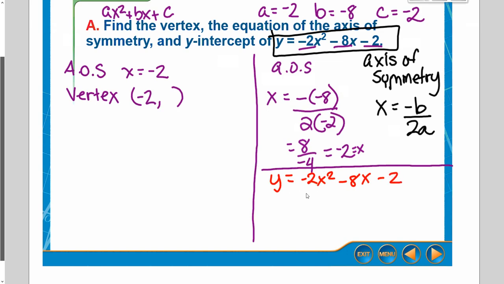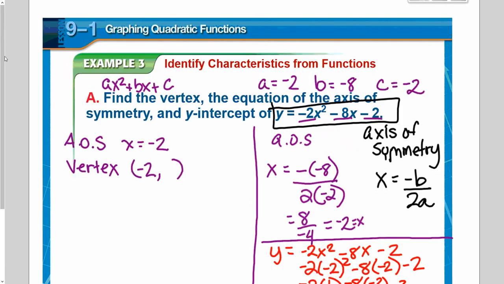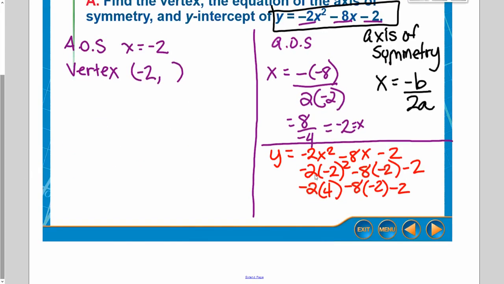I know what x is, so I'm going to plug it in. Okay, so we start with our exponents first. That's got to be +4. Okay, let's scroll down a little bit. All right, -8, +16, minus 2. So that ends up being 8 minus 2, which is 6. I'm going to plug in 6 right here.